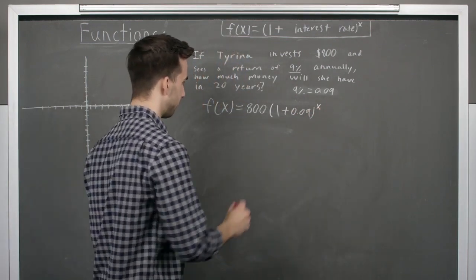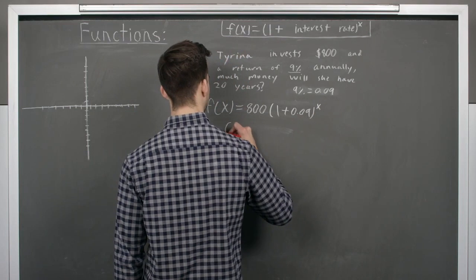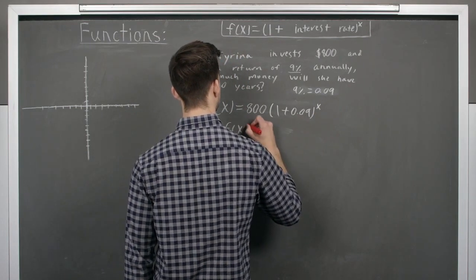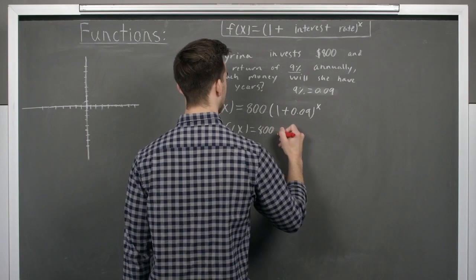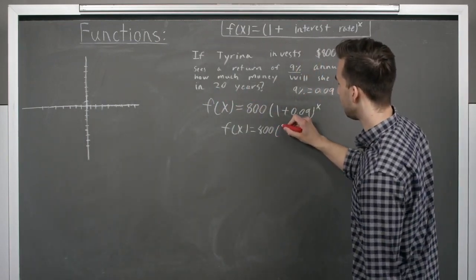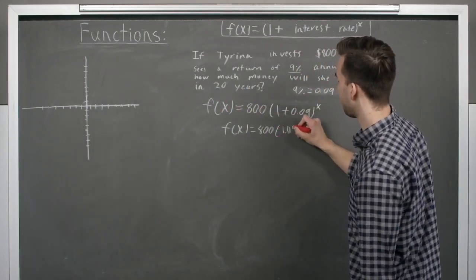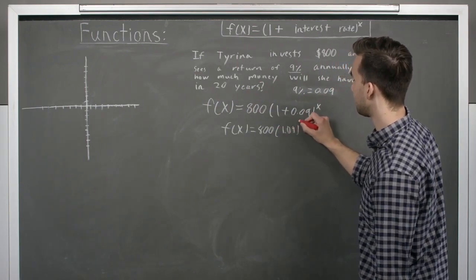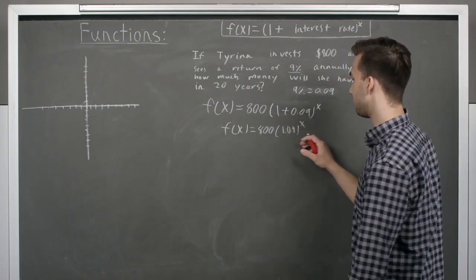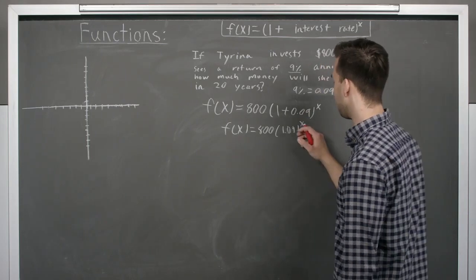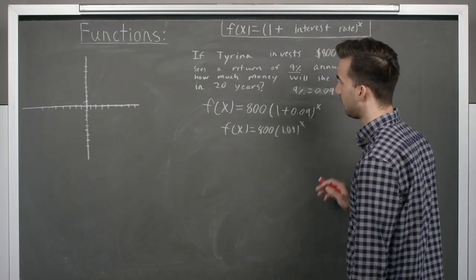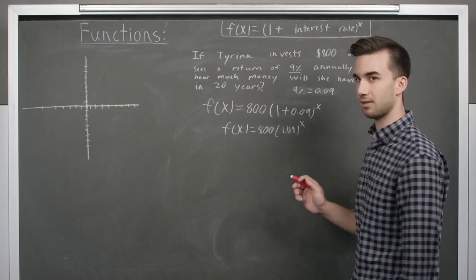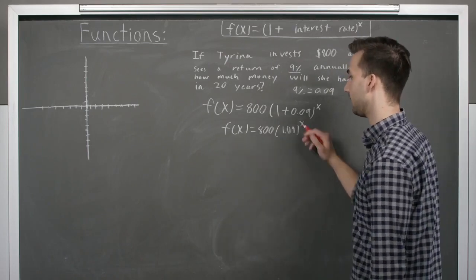And we can simplify this. F of x is equal to 800 times 1.09 to the power of x. And what this function will give us, if x is the number of years, is how much the money will be worth depending on what year it is.